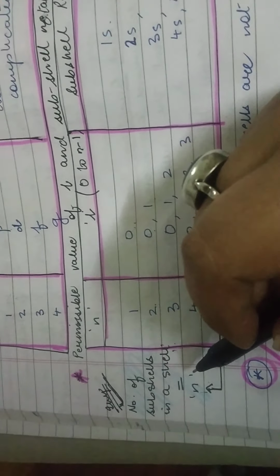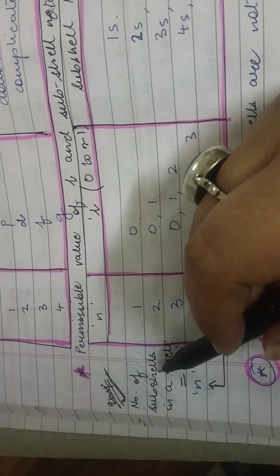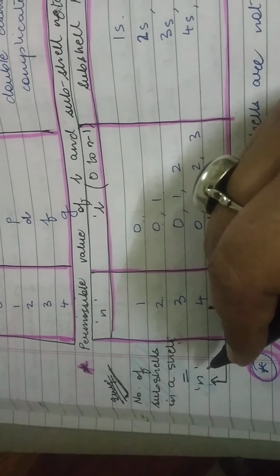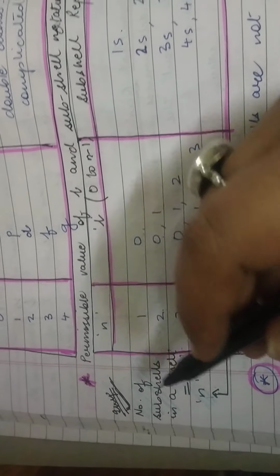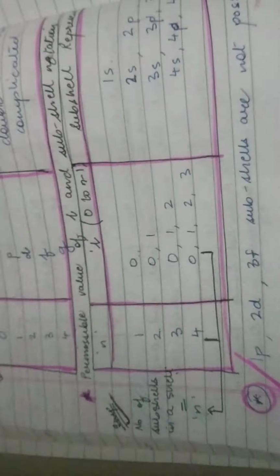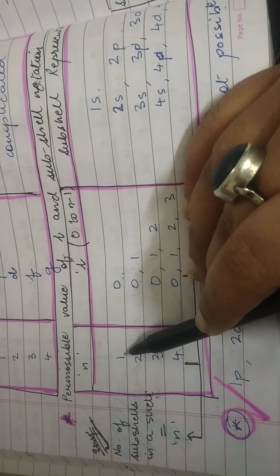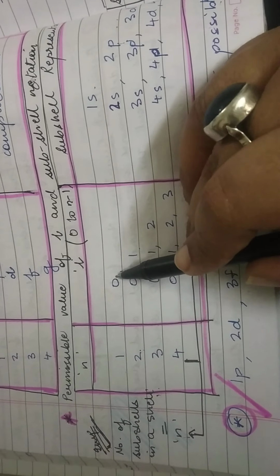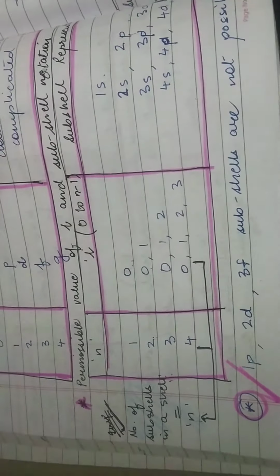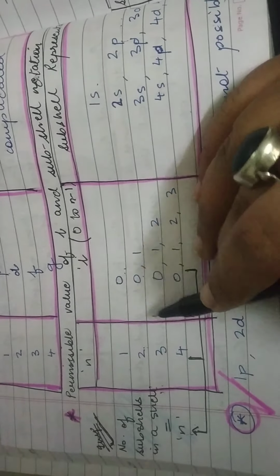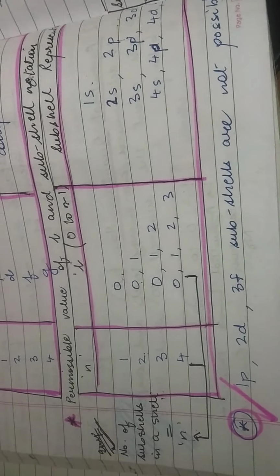So if the shell number is 2, the total number of subshells would also be 2. If the shell number is 3, the total number of subshells would be 3. And you can see from here, shell number 1 has 1 subshell. Shell number 2 has 2 subshells. Shell number 3 has 3 subshells, and so on.